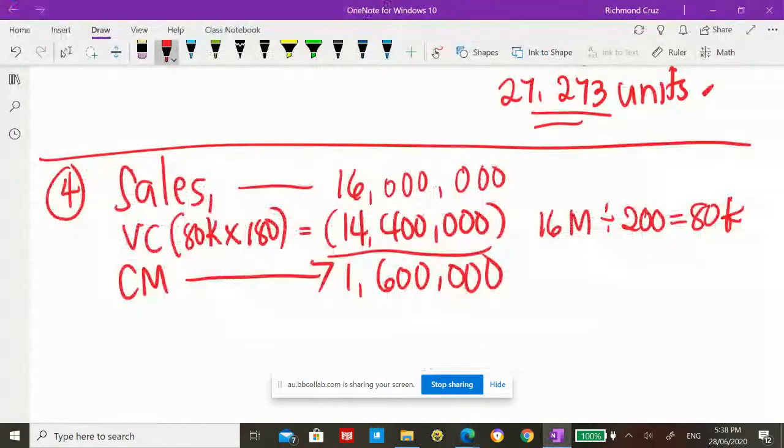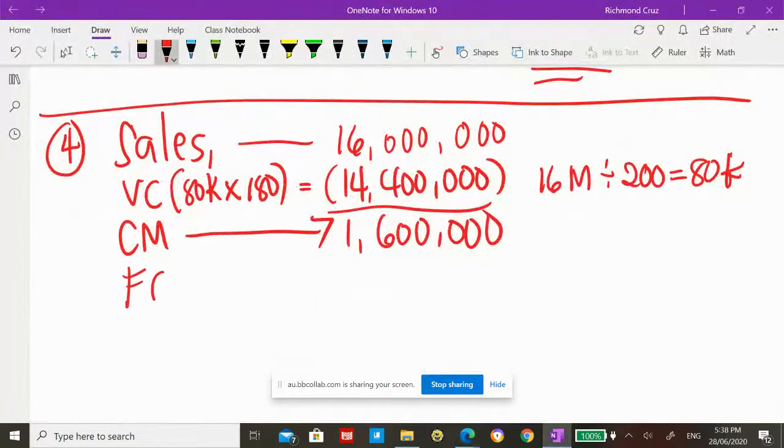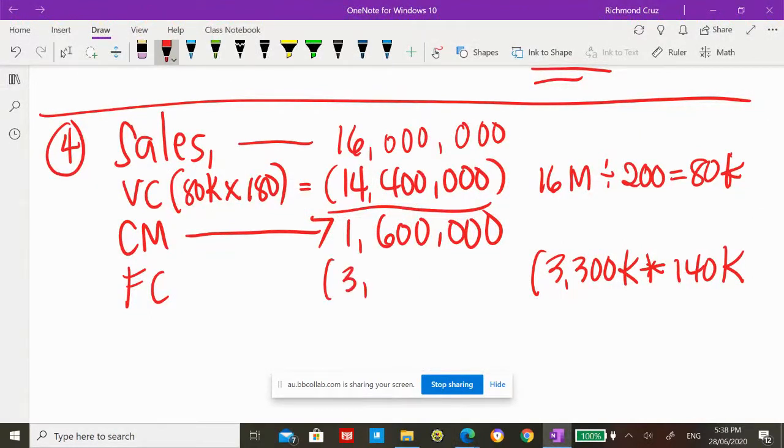So, our fixed cost, take note, this is 3,300,000. I'll add the 140,000, so this is 140,000. That will be 3,440,000.